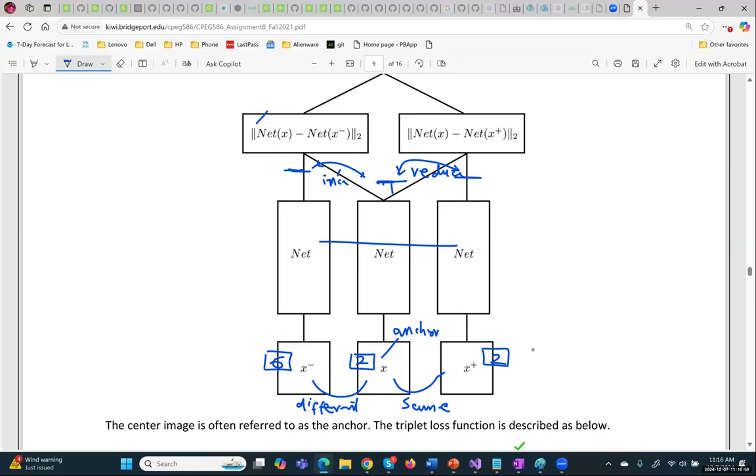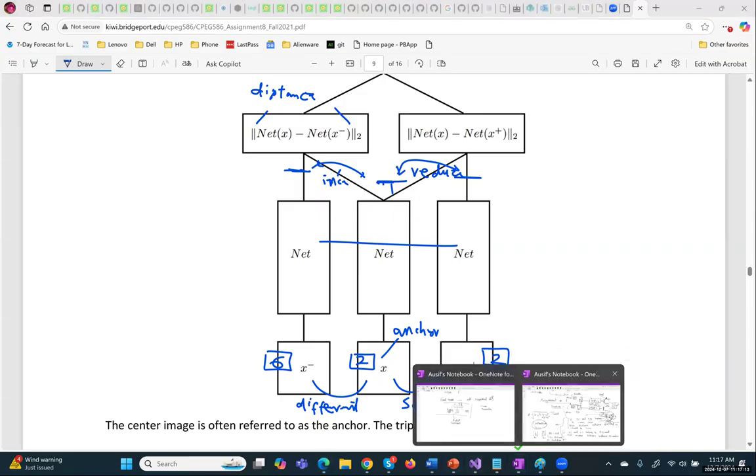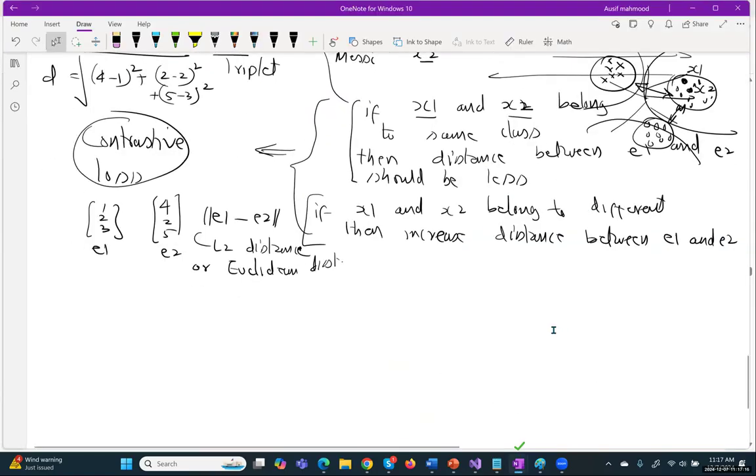What do these two parallel lines mean? Euclidean distance. Remember I said distance, we indicate one vector minus the second vector. If I gave you some set of numbers, suppose I call it V1, and another set of numbers, V2, how do I mathematically write the Euclidean distance between V1 and V2?